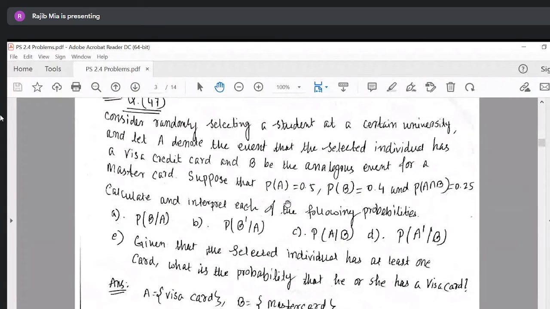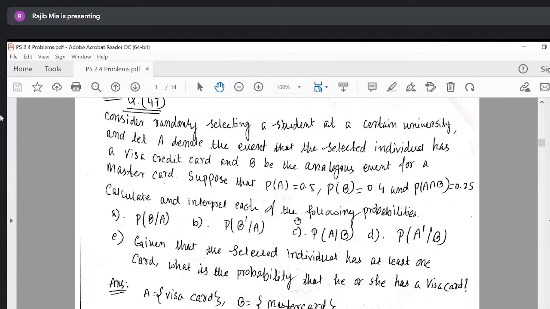Yes, but this is a different case. Here you have to find this conditional probability. This is from 2.4 and that was from 2.2. So the data are the same, we just have to calculate this.